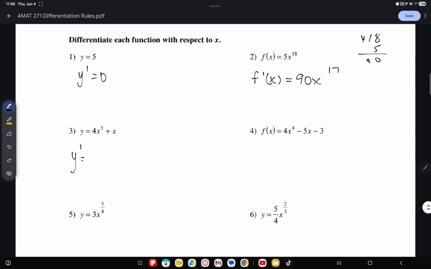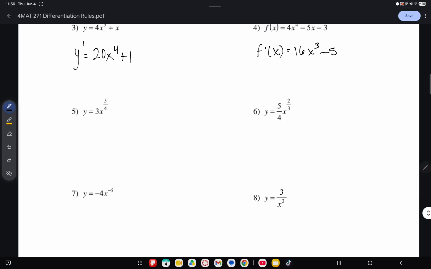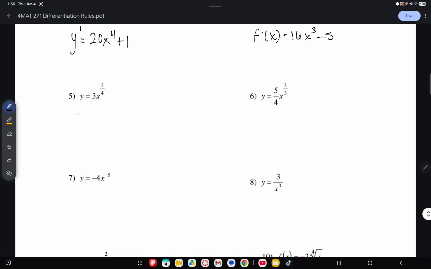Applying some more power rules here. Let's see, that would be 20x to the 4th plus 1. And then 16x to the 3rd minus 5. And plus 0, but we don't need to write plus 0. 3 times 5/4 is going to give me 15/4, and then I'll subtract 1, and that'll leave me with 1/4.